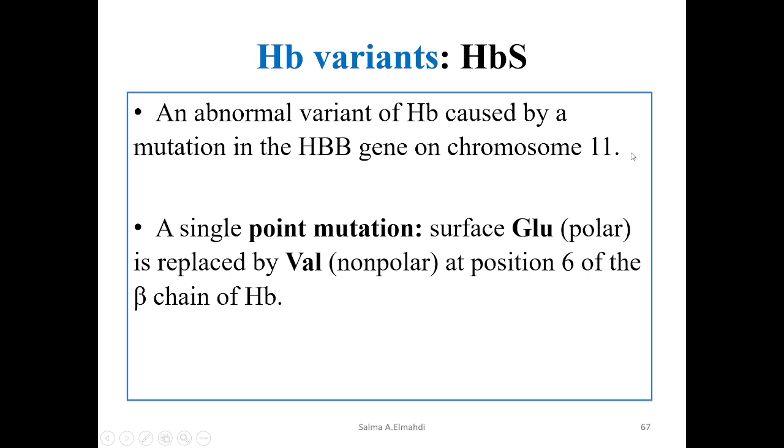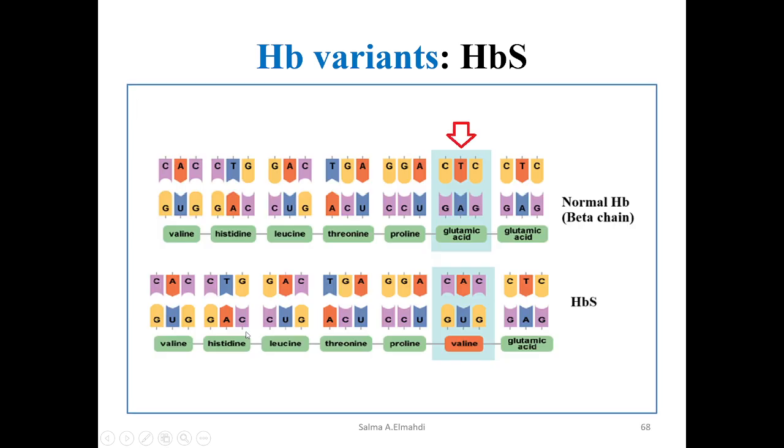Hemoglobin S is an abnormal variant of hemoglobin caused by a mutation in the hemoglobin beta chain on chromosome 11. Particularly, it is a single point mutation whereby surface glutamate, a polar amino acid, is replaced by valine, which is a non-polar amino acid, at position 6 of the beta chain of hemoglobin.